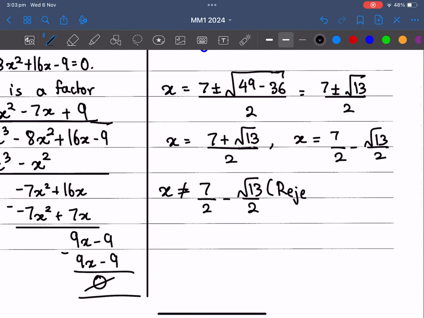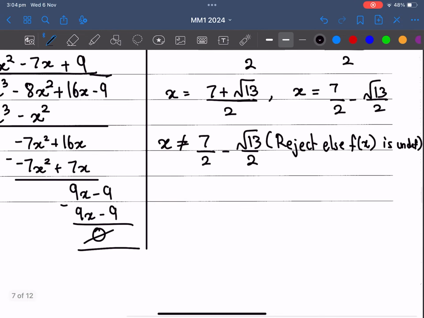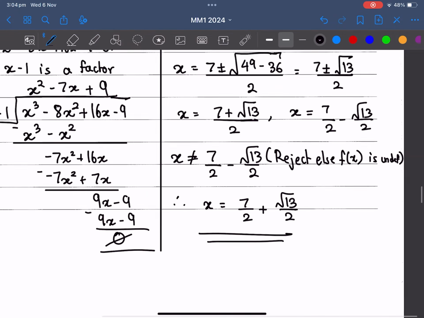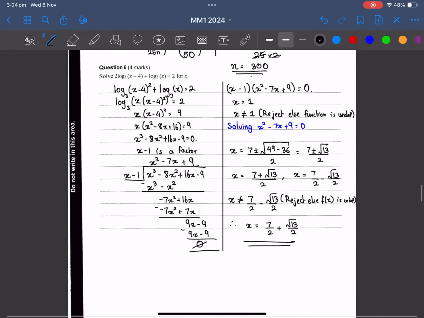Reject, else function is undefined. So our only answer is x equals 7 on 2 plus root 13 on 2. That is the only valid answer. Everything else is invalid for this case because it doesn't satisfy this term over here.